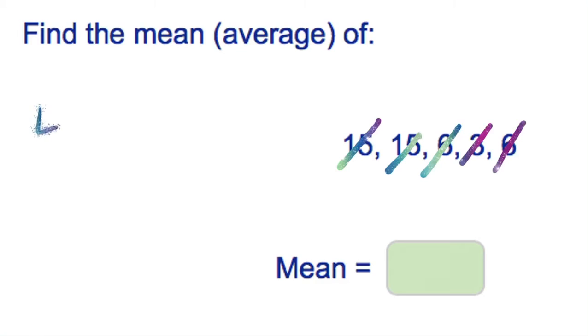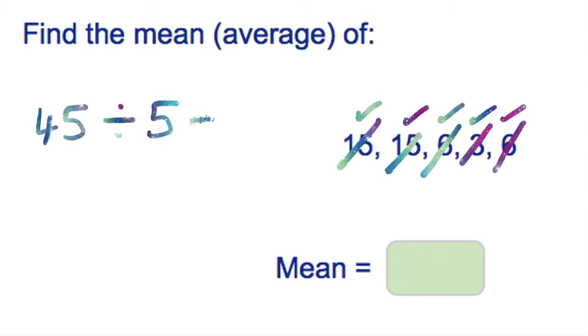Obviously you can do written addition if you want to as a column, whatever method works for you. So the total here was 45, and now we have to divide by the number of values. 1, 2, 3, 4, 5, 5. And so how many 5's are in 45?